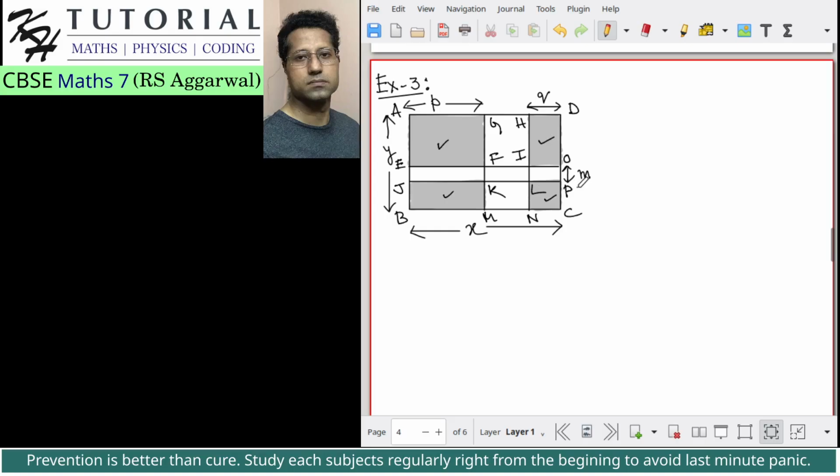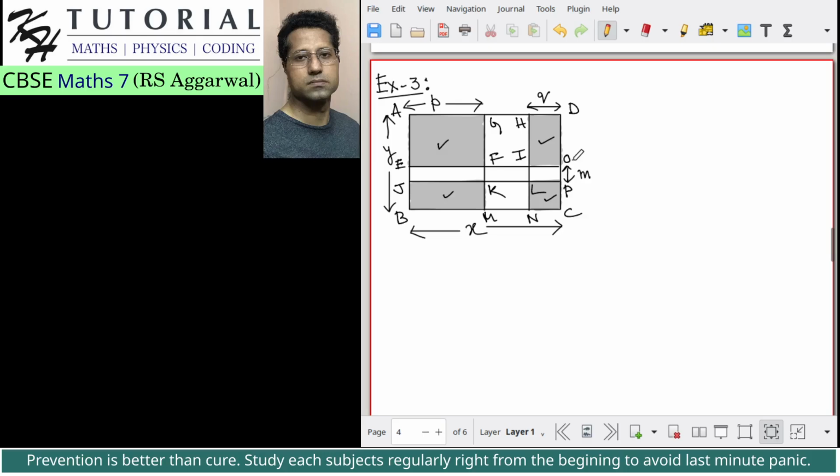So if you can find the area of these rectangles and add them up, that will be the area of the shaded region. That is one way. Another way, which will be easier, you have to decide, is that you find the area of the unshaded region, which you can also think of as two rectangles having an overlapping area.